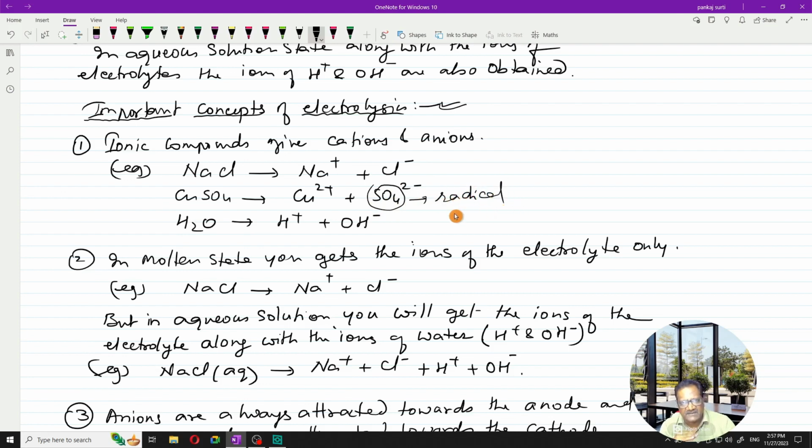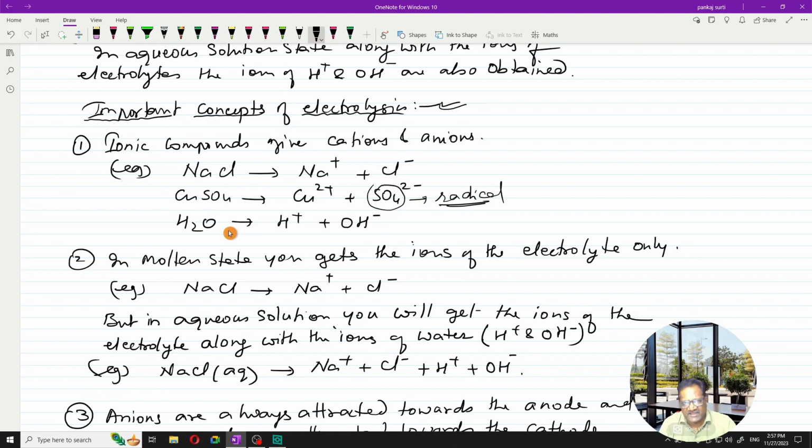A radical is a combination of two or more different types of atoms forming a group of atoms which still carries some charge. So SO4 is a combination of 1 sulfur and 4 oxygen atoms, and this group is carrying a charge of 2 negative. So this is a radical.